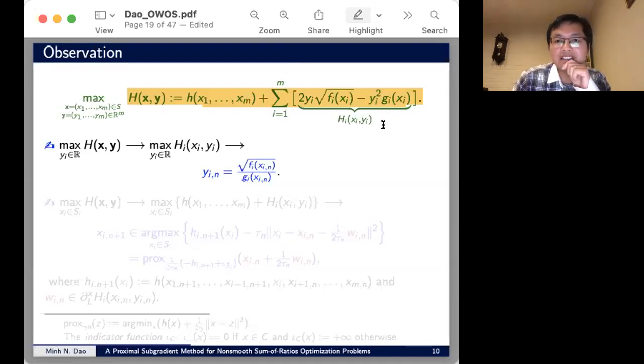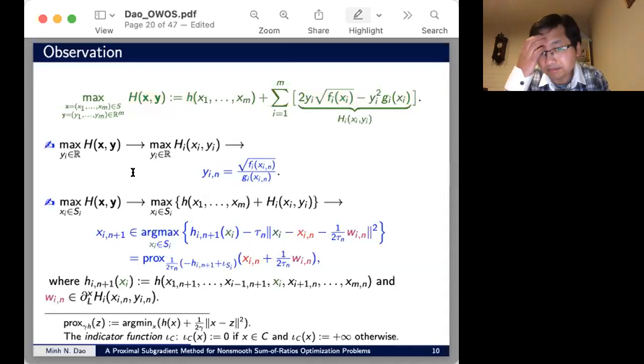Then we see that this function is a concave quadratic function with respect to yi, right? And maximizing with respect to yi is easy, right? We can obtain a closed form for yi here.